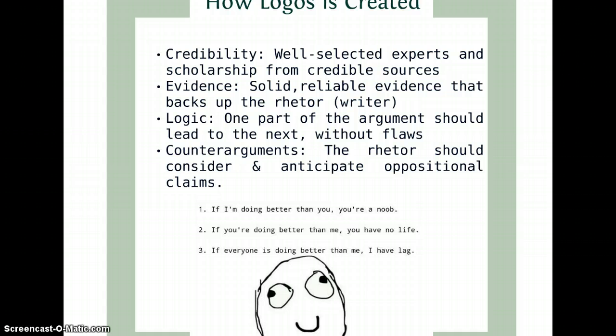Without those expert opinions, they're less likely to believe you. So the more reliable your sources are, followed with solid evidence, helps to create that reasoning. And this is all a part of logos, more specifically what we would call inductive reasoning.